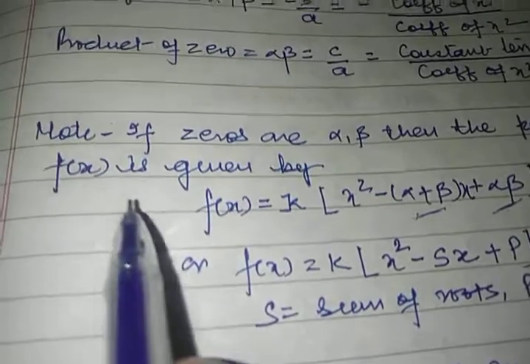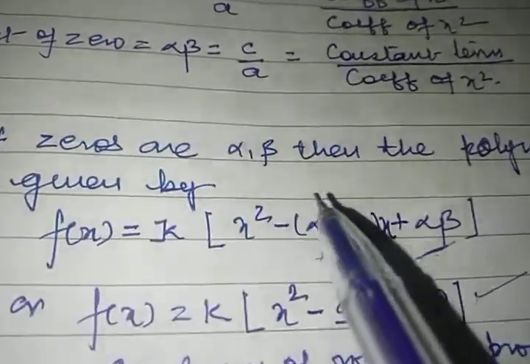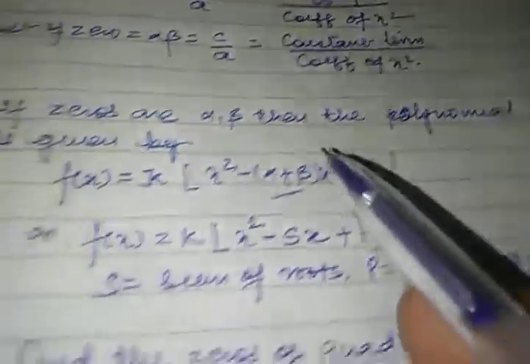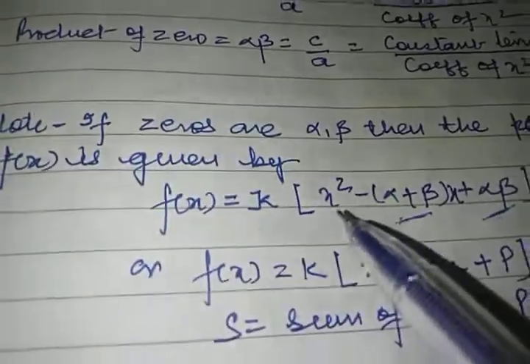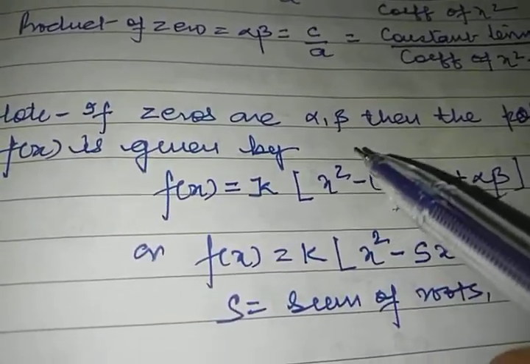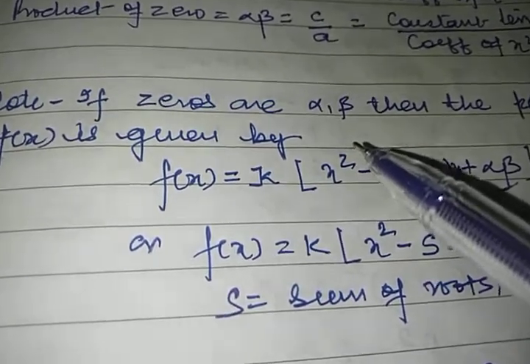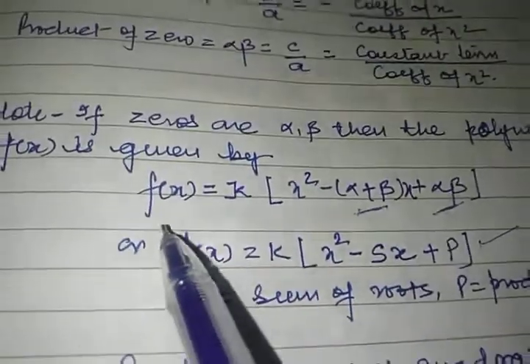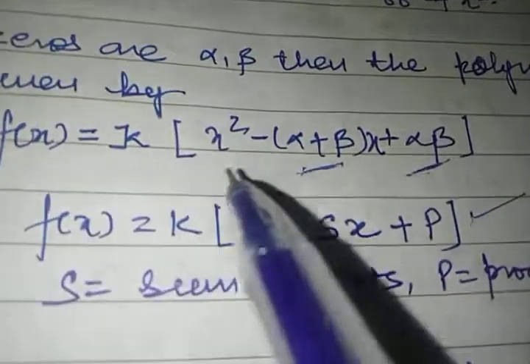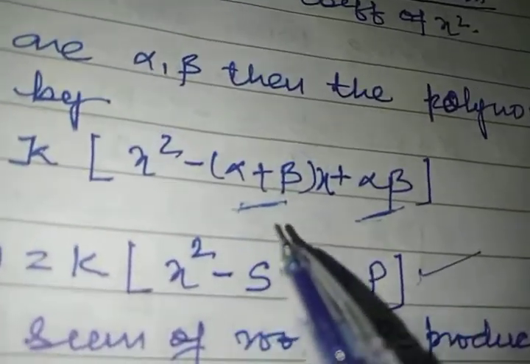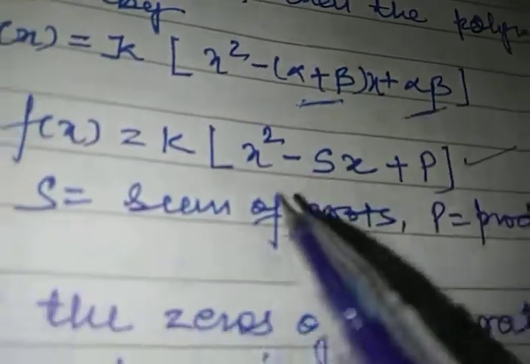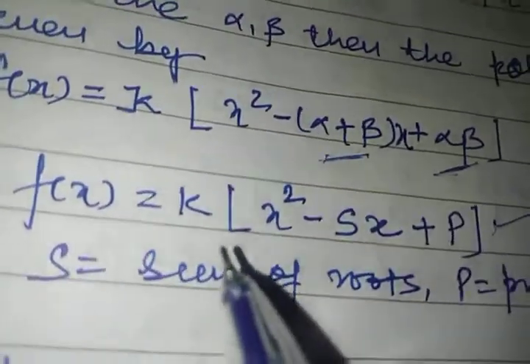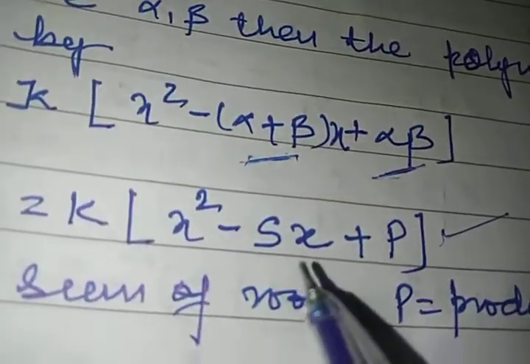Now, one note: if the zeros are alpha and beta, then the polynomial f(x) will be given by the following. This question is asked: zeros are given and you are asked to find the polynomial. That is given by f(x) = k(x² − (alpha + beta)x + alpha beta), so f(x) = k(x² − Sx + P).